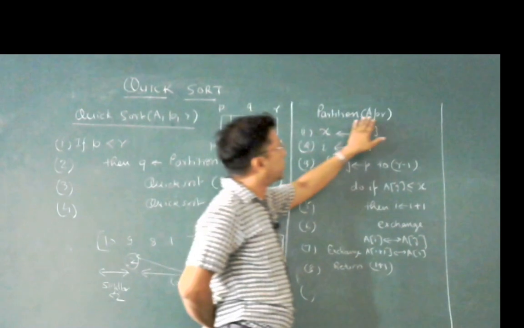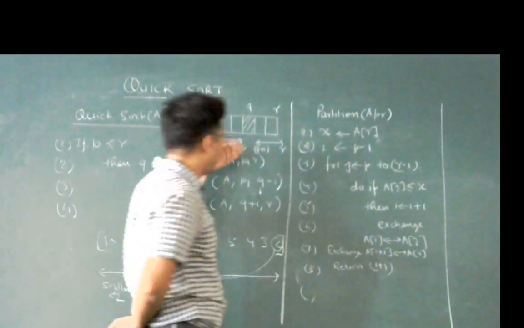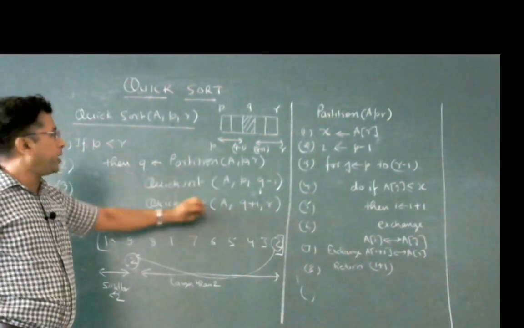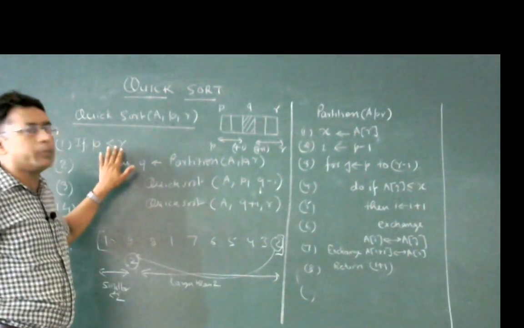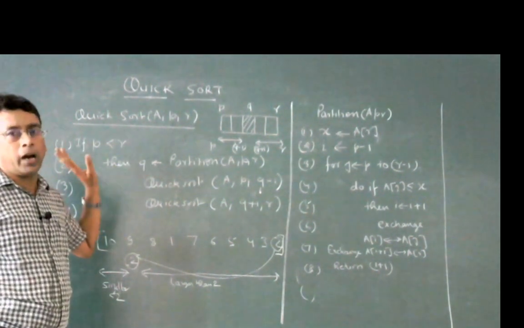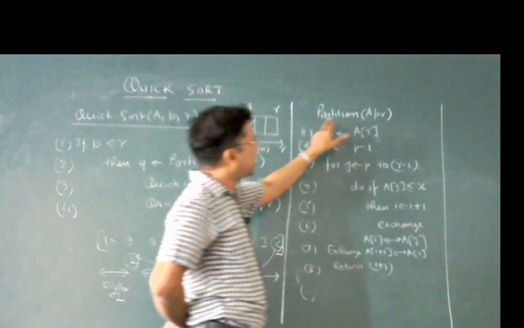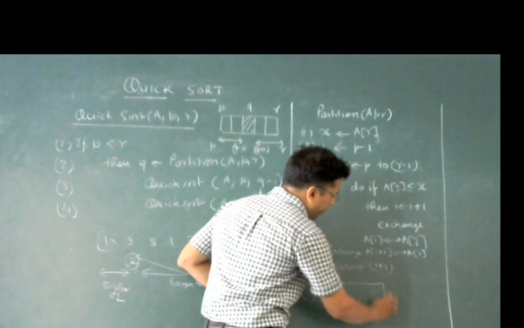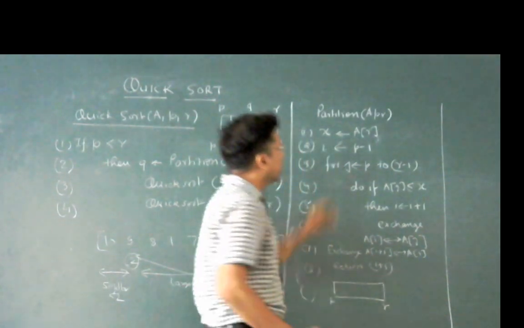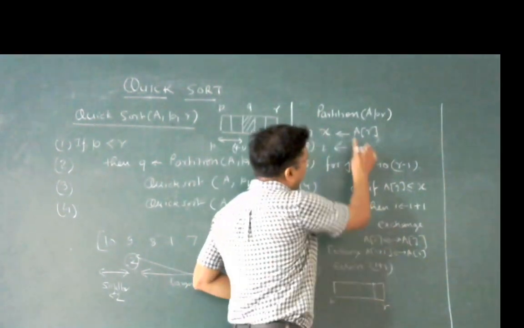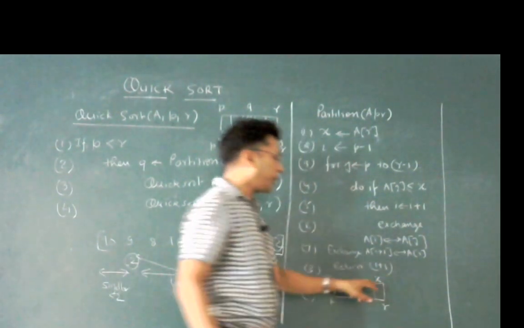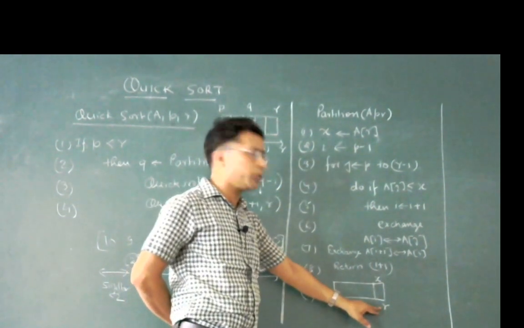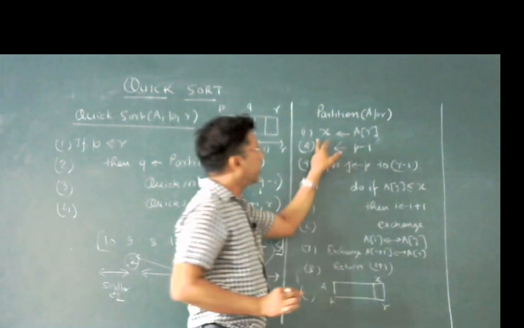Suppose I have to partition first, and this type of partitioning is done for each element which we consider as pivot element until the condition P becomes equal to R. So in the partitioning step, A P to R, suppose there is the same array which starts at P and ends at R. Suppose I am taking the last element as the pivot element, it is named as X. The element located at position AR is termed as X.